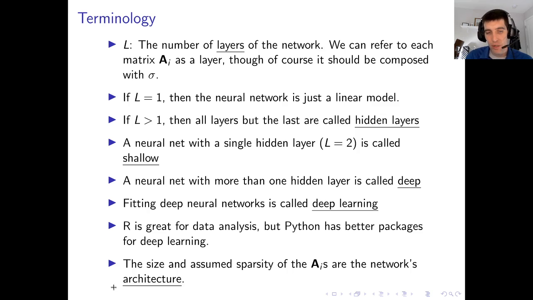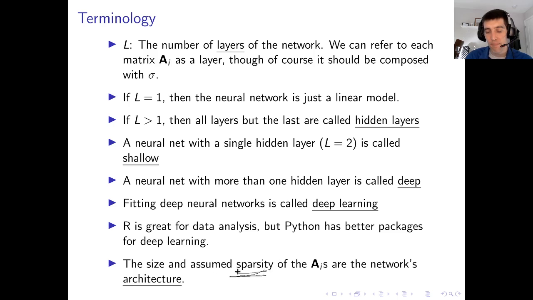Another vocabulary word here is the size and assumed sparsity. So we saw sparsity in the last discussion. Sparsity is the structure of zeros. So which entries of these A matrices are assumed to be zero is called the network's architecture.